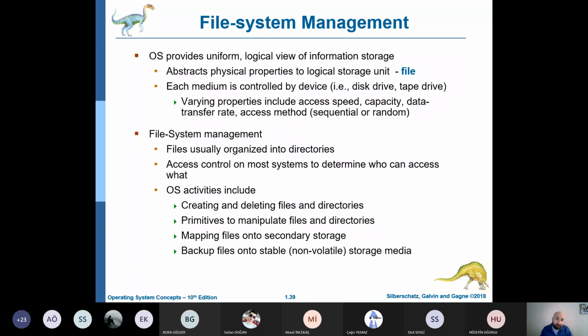So another important resource management goal of the operating system is file system management. That means we first need to cover memory management with the secondary storage part, and then we have to discuss how file systems can be managed by the operating system.